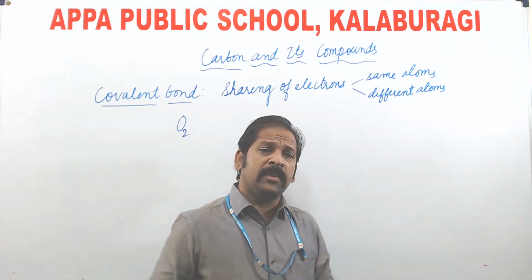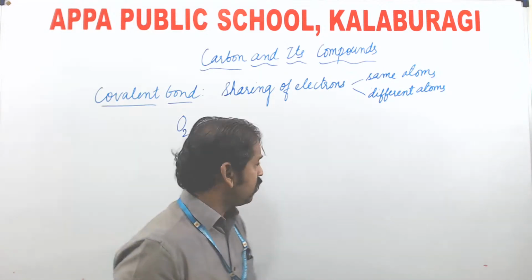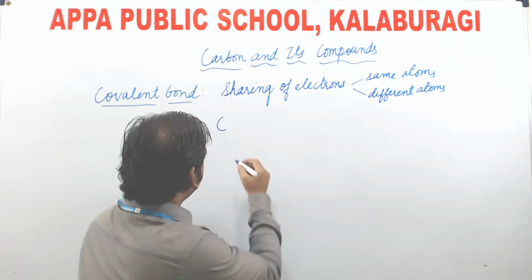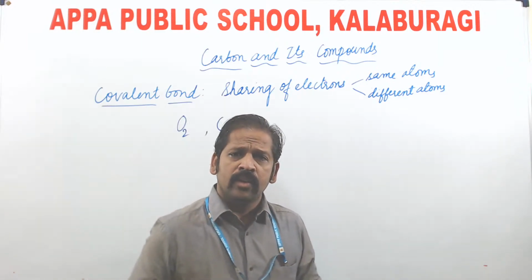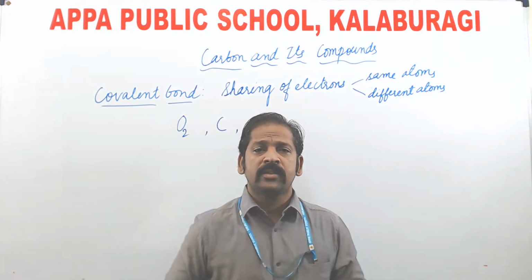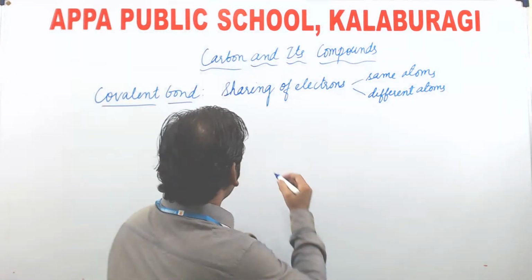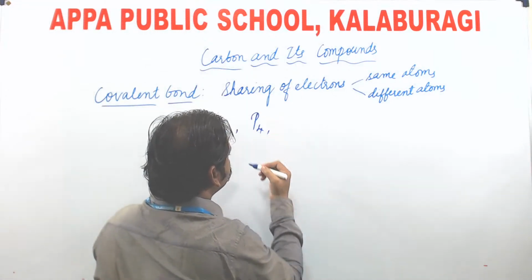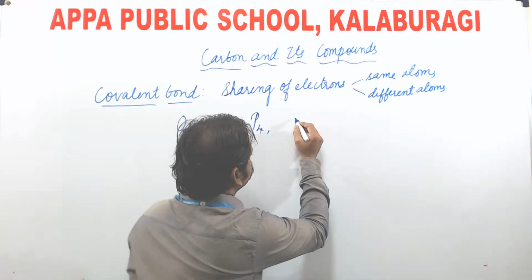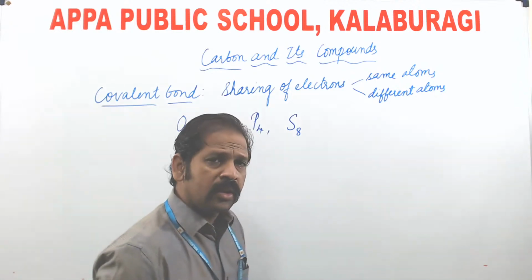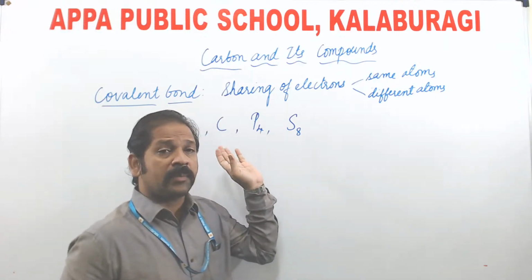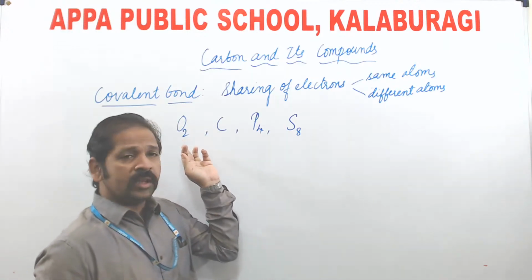Carbon reacts with oxygen, and we write carbon as only C. If you take phosphorus or sulfur, if you remember from class 9, phosphorus is written as P4 and sulfur as S8. Sulfur is octaatomic, phosphorus tetraatomic, carbon monoatomic, oxygen diatomic.